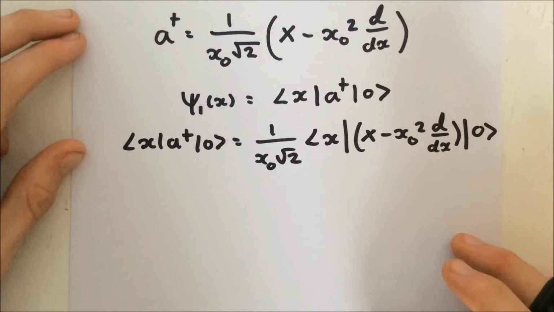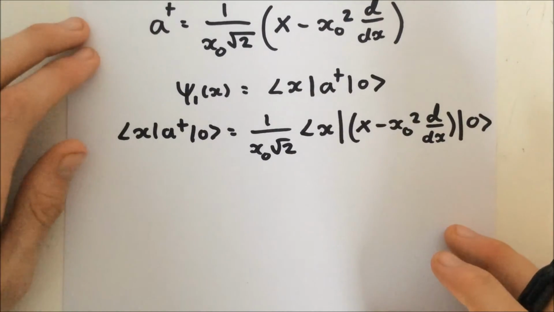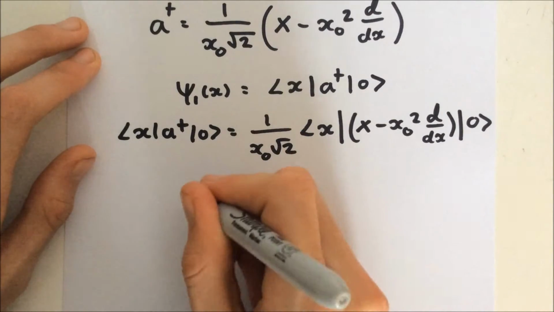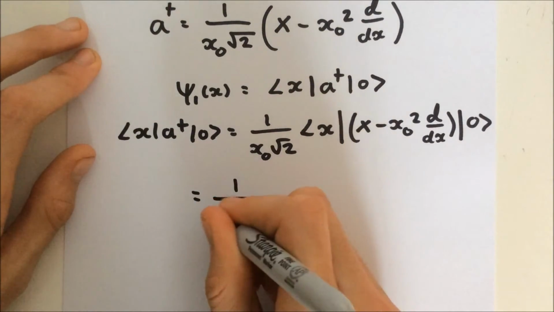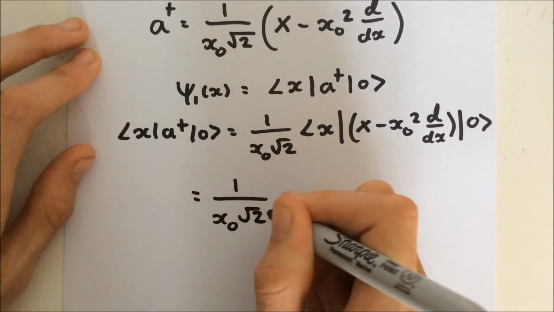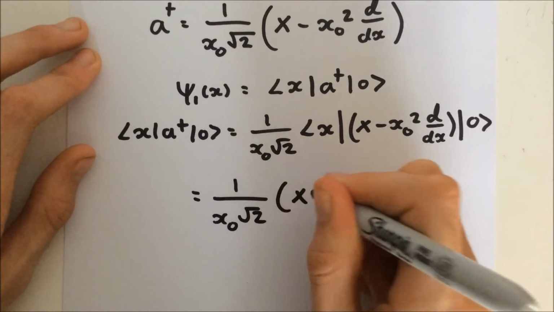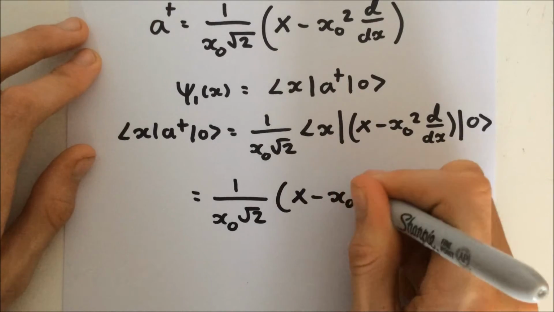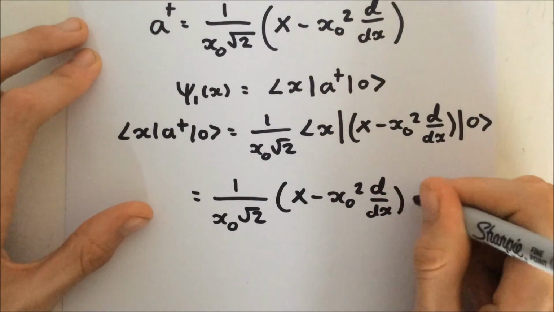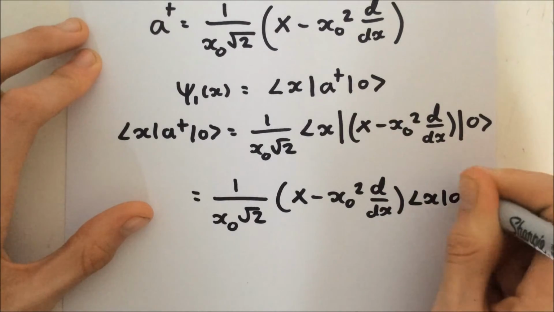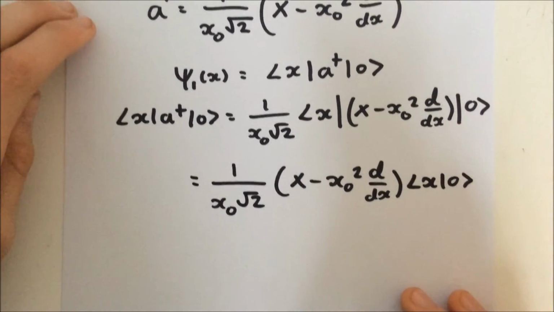And then this is equal to 1 over x naught root 2 multiplied by x minus x naught squared times the derivative, and then we have the ground state 0.